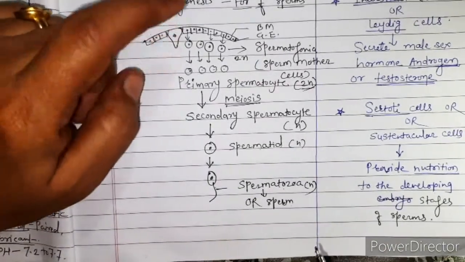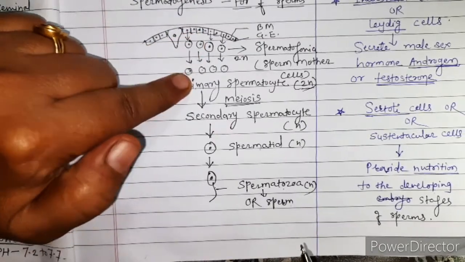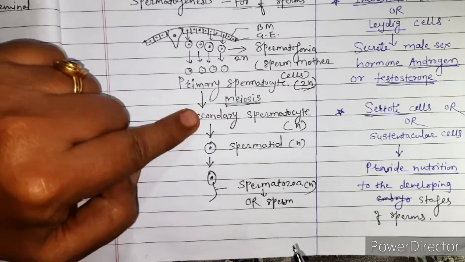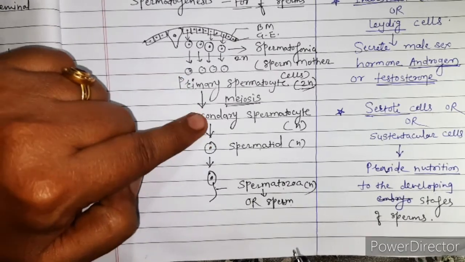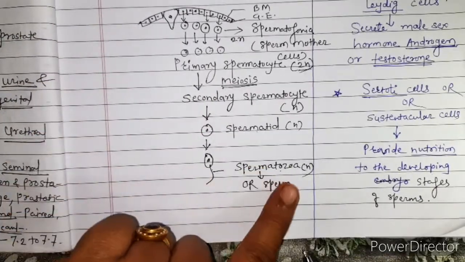In this way, spermatogonia or sperm mother cell gives rise to primary spermatocyte. Primary spermatocyte gives rise to secondary spermatocyte. Secondary spermatocyte gives rise to spermatid, and spermatid develops into spermatozoa.